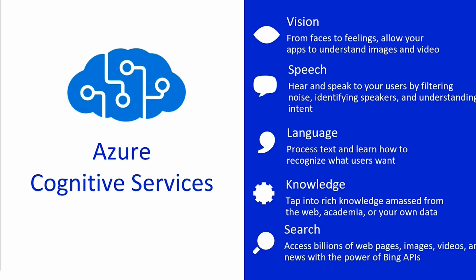These services are already ready for us to use, and you don't need to have machine learning expertise. You can just click a button or make an API call, and you will embed the ability to see, to hear speech, even search and understand your data in order to accelerate decision making.